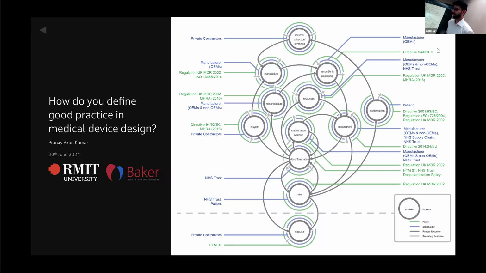Okay. Thank you. Let me try and break it down. I think there were 3 questions over there. The first is, what is the role or what is the implication of the EU AI Act in medical devices?